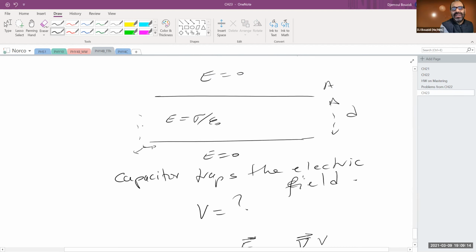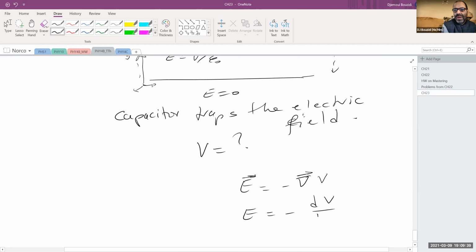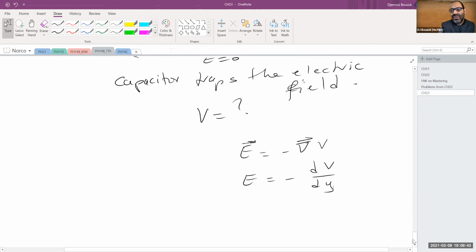What matters here is actually the Y axis, because the electric field changes only in the Y direction. Since the electric field changes only in the Y direction, I expect the potential to change only in the Y direction too. So the potential doesn't depend on X and Z, it depends only on Y. This expression then just becomes E equals minus dV with respect to Y, that's all.